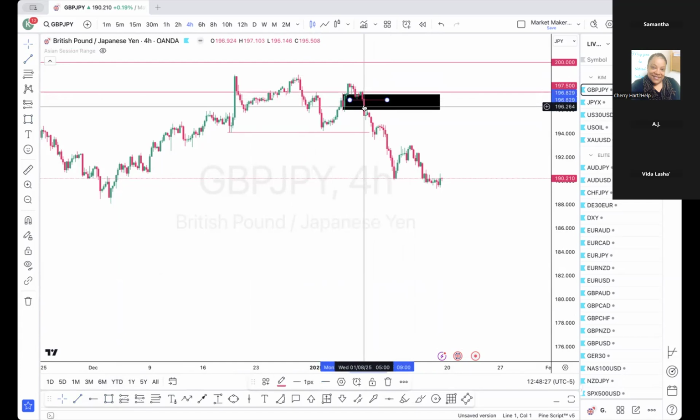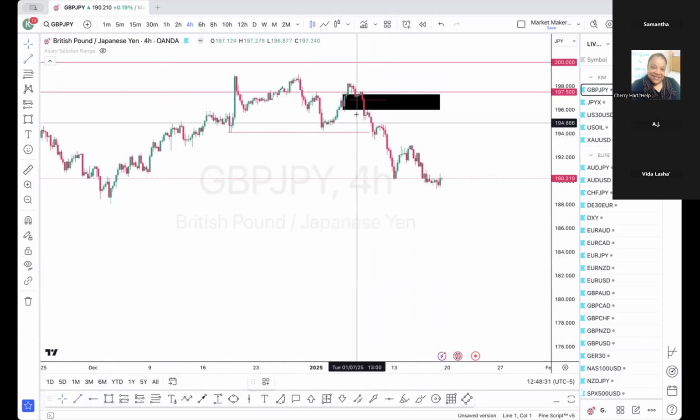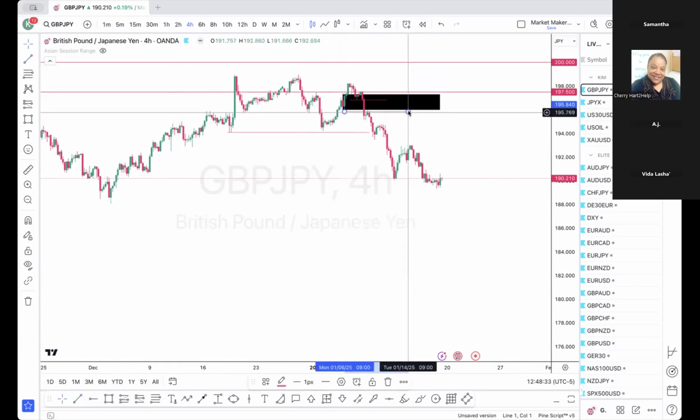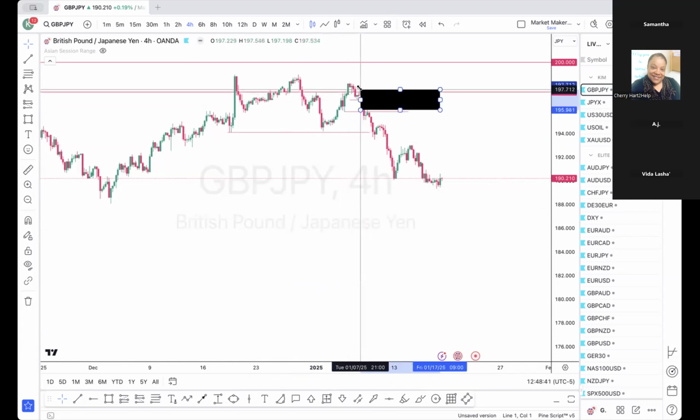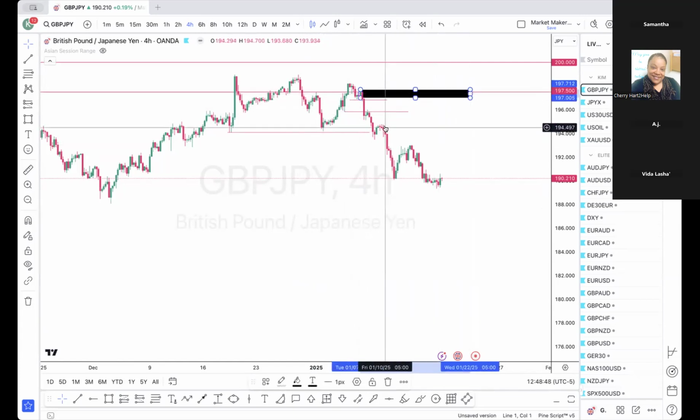So price then broke this swing low. Now, I would have been looking for price to pull back to the institutional candle, or the last candle before that down move. It didn't come back, but that's okay. I'm okay with that.